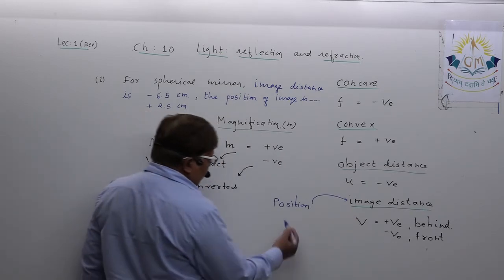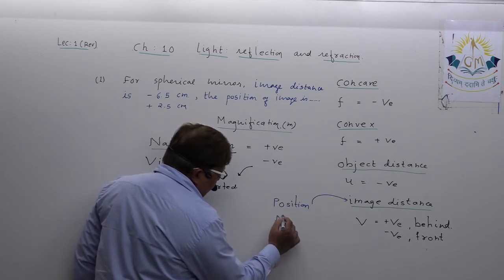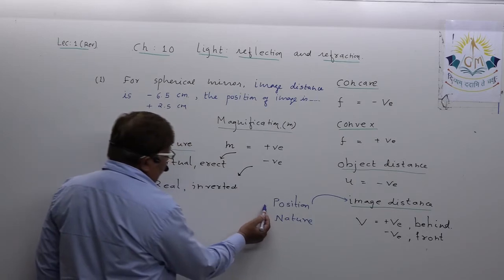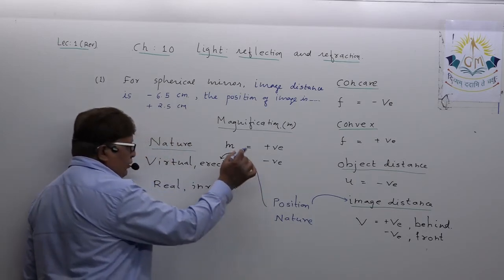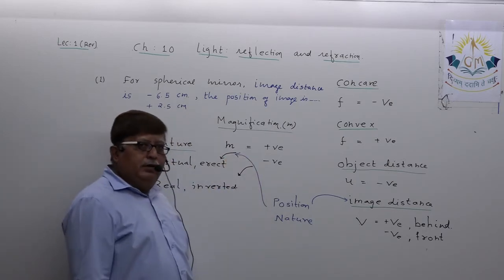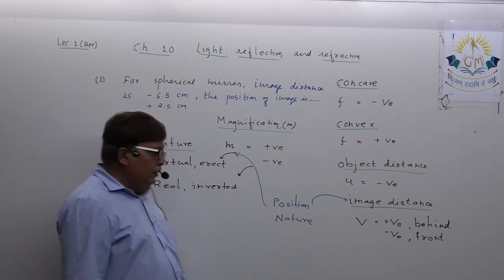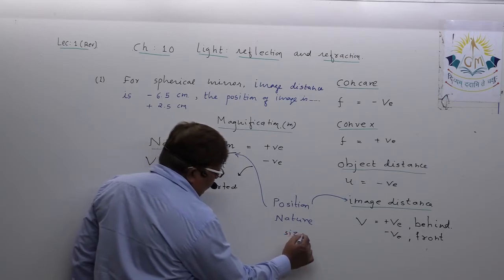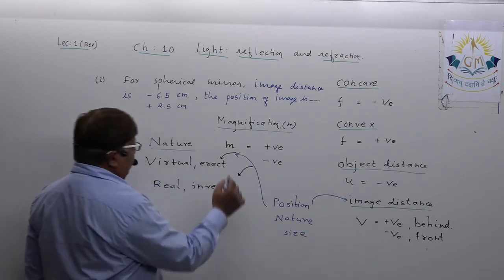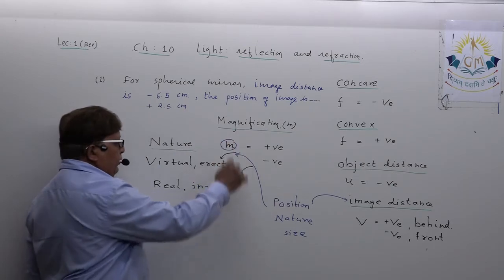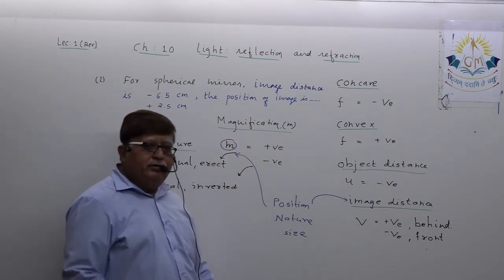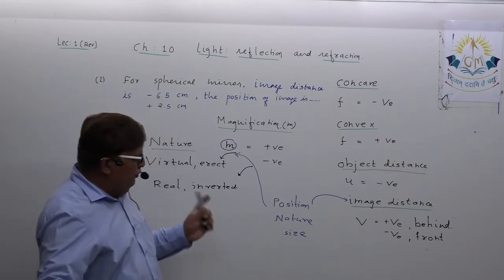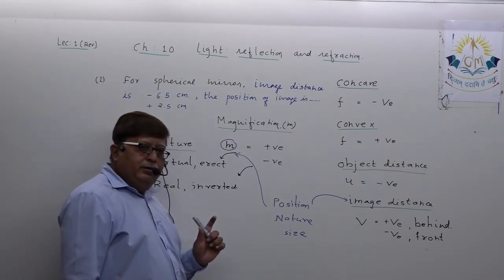Then another word, nature of the image, that you can guess from the value of magnification. And then remains size of the image, which can be easily calculated after you find the value of magnification. Is it clear in your mind?